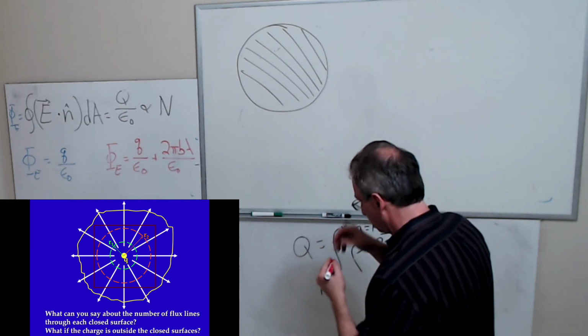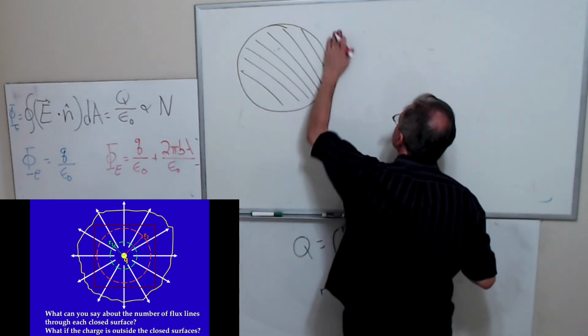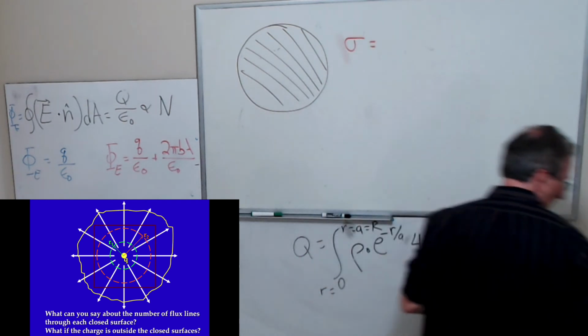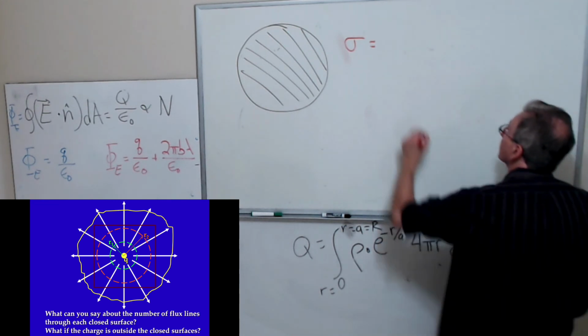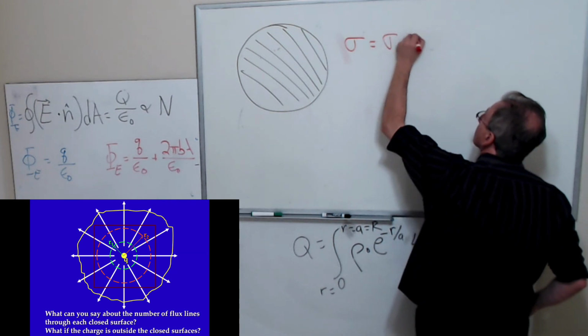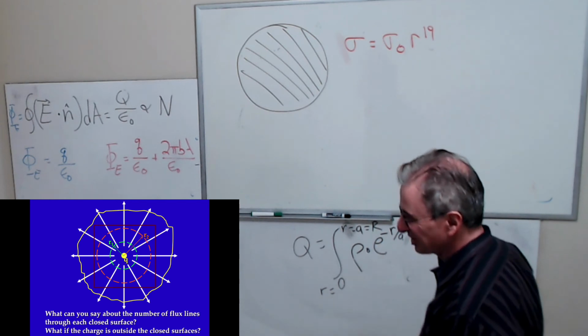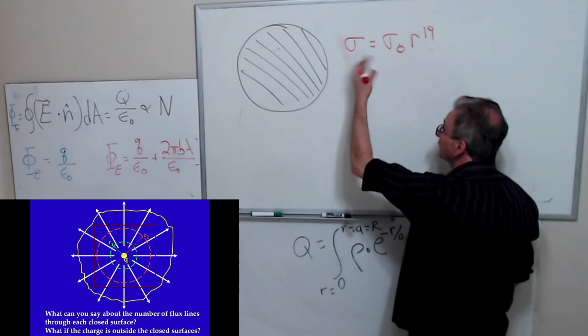Okay, so I'm going to take, this is a charged disk. The density, this is a surface density. I'm going to give you my expression. I know it's weird, okay? And just so I can vary this for everybody. So this is kind of a weird distribution.